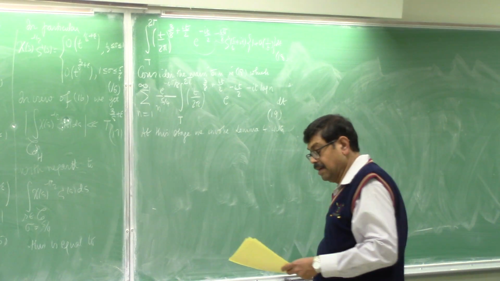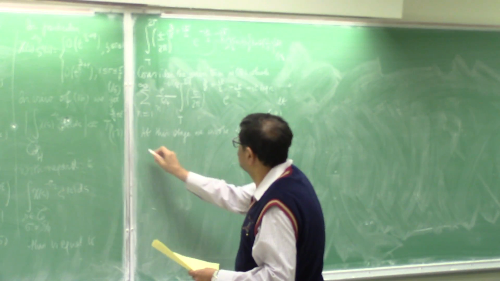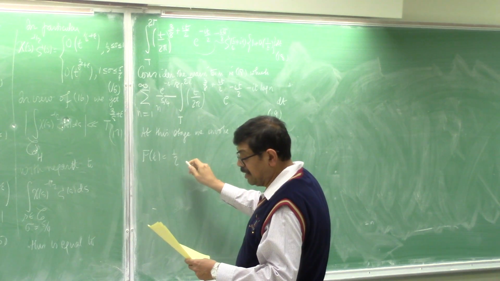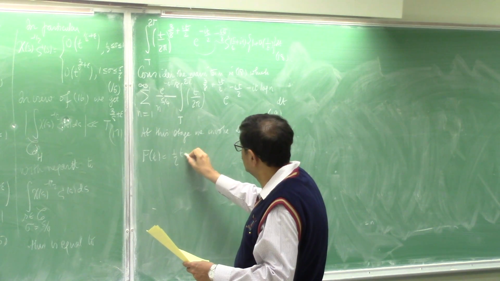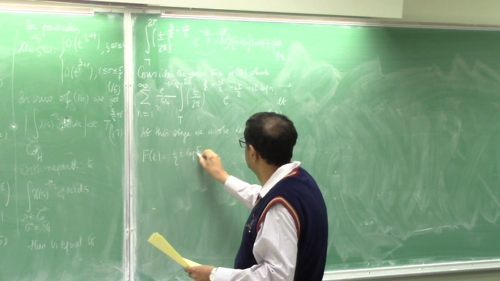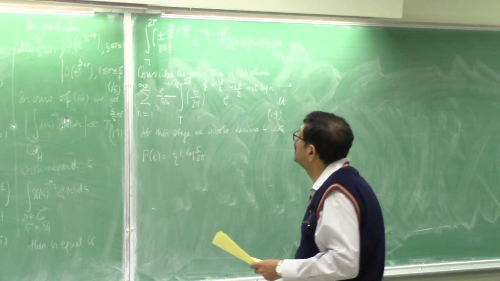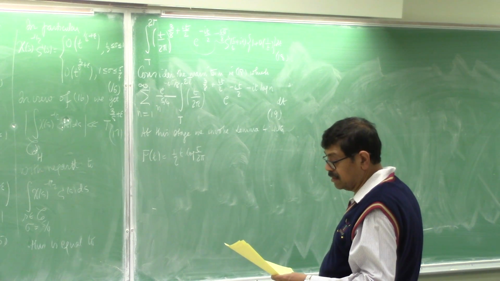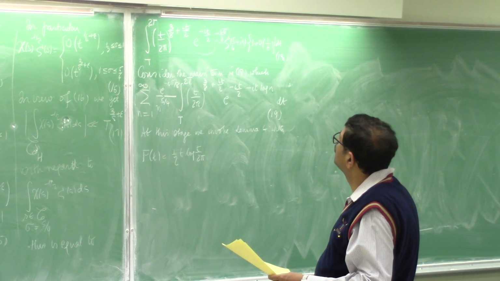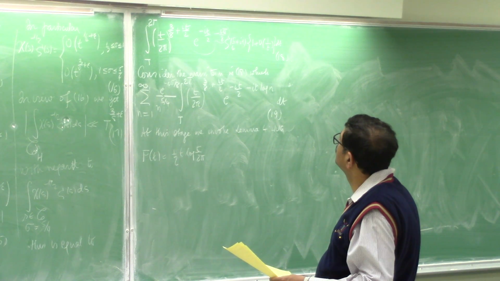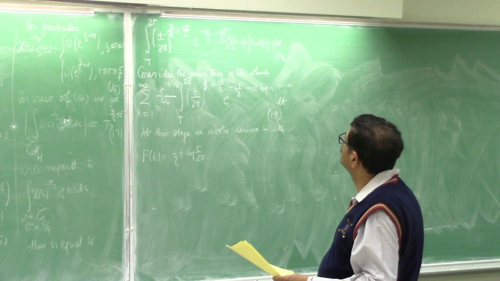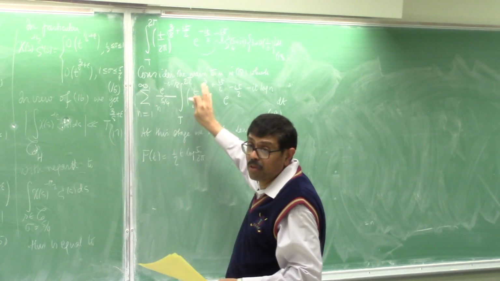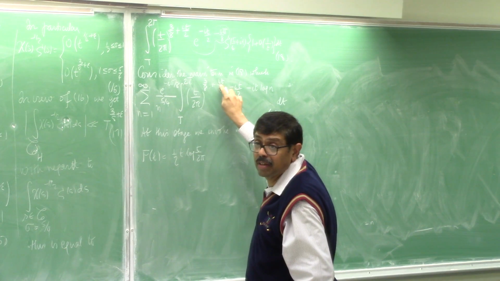With f of t equal to 1/2 t log t over 2 pi. So how does that come? Yeah, this is for the f. This is g. I'm sorry. I'm focusing on the f.